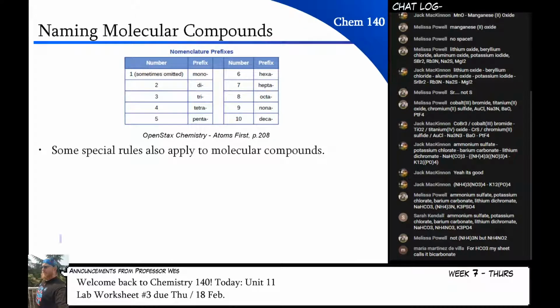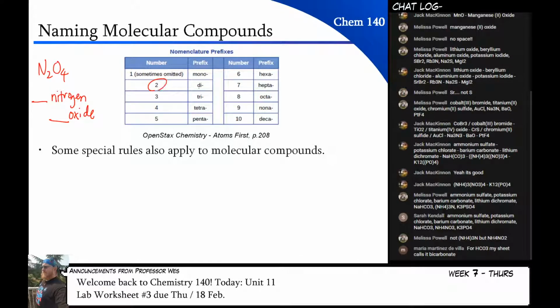What are the numeric prefixes that are present? These are in the online text. And we're going to apply these prefixes to something depending on how many there are. So for example, let's suppose that I had this compound. Using the rules, what I would do is I would write out its name as nitrogen oxide, and then in front of them I would put the appropriate numeric prefix.